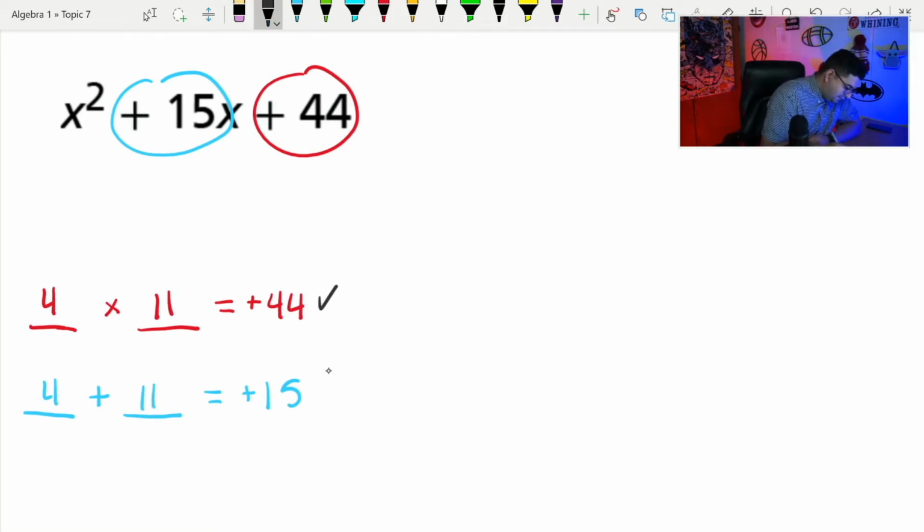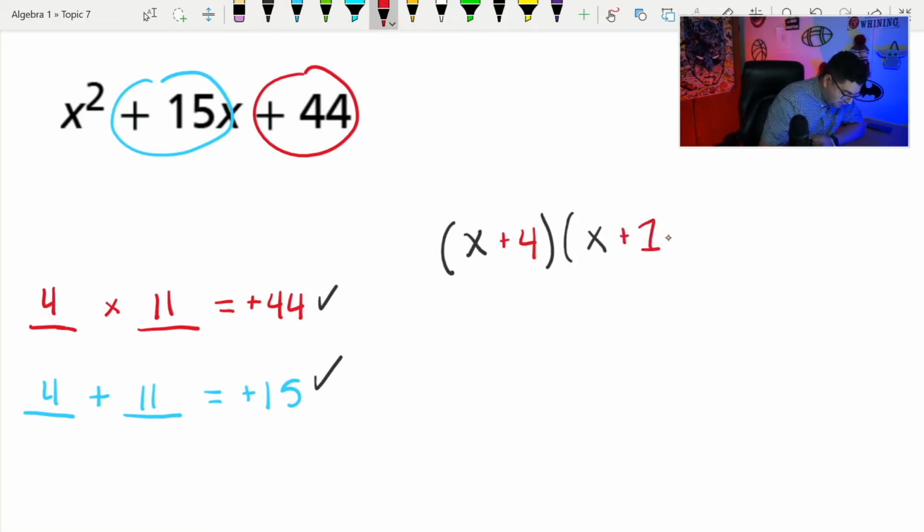So these two numbers, what am I going to do with them? They were both positive. What we do is those two numbers are what I add to my x's, and I create two binomials. So I take x and a positive 4. This is my first binomial. And my second binomial would be x and a positive 11.